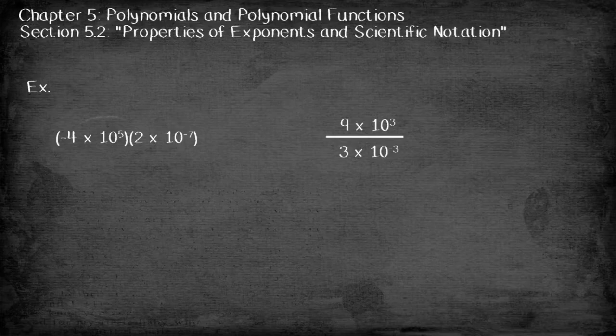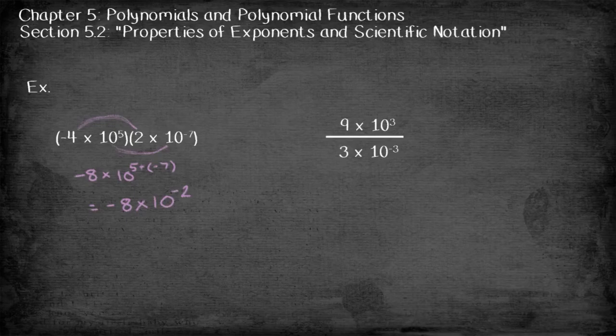You're multiplying the two numbers together, the negative 4 and the 2, which would be negative 8. And then you're multiplying together 10 to the 5th and 10 to the negative 7, which means you are adding the exponents. So you get negative 8 times 10 to the negative 2.